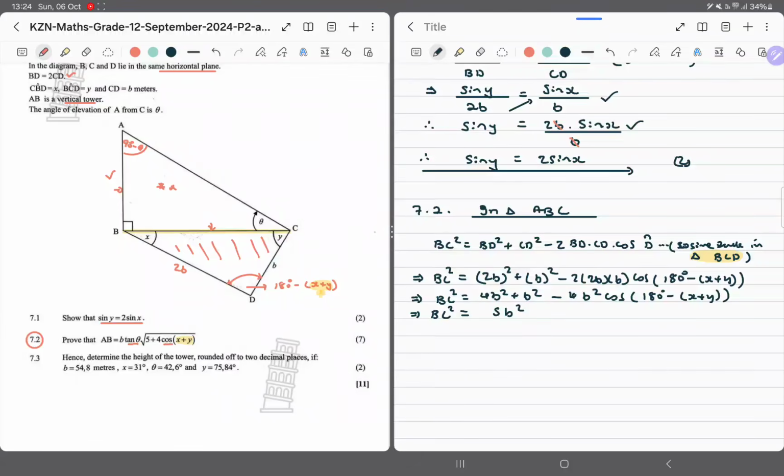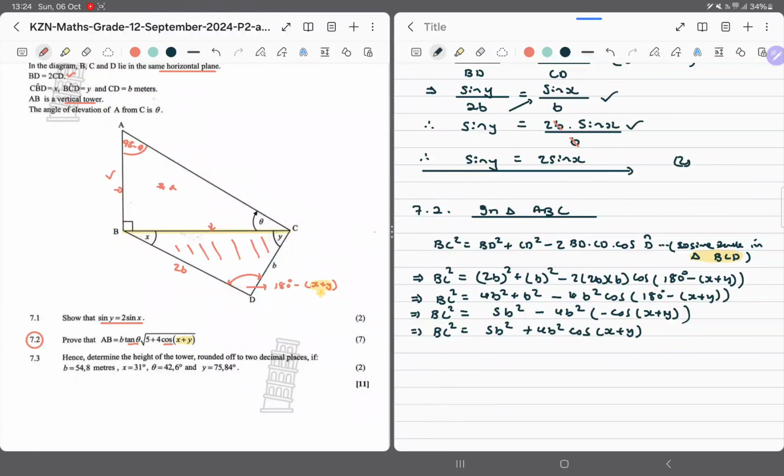This is 5B squared minus 4B squared into minus cos of the angle, now this is x plus y. We're doing reduction formulae. Nice and easy. And then we keep working our magic, guys. We know that BC squared is going to be equal to 5B squared minus 4B squared. Now times, when we simplify this, the sign changes to just cos of x plus y.